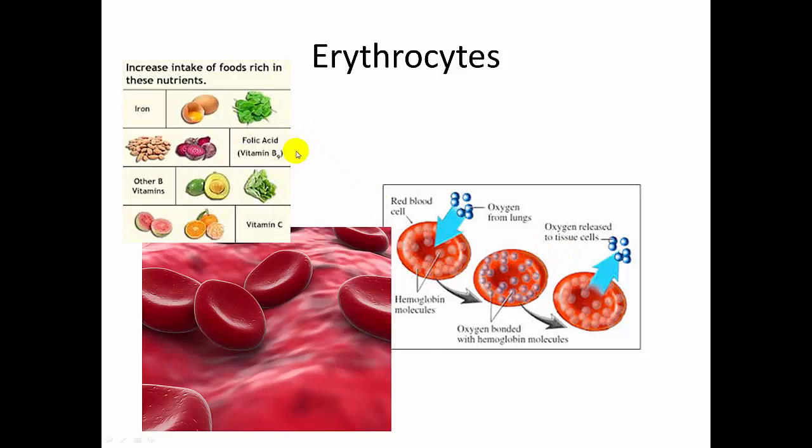And I put this little graph on here just to remind you, or revisit, the nutrients needed. So iron, here's our green leafies. Again, remember that's always the answer. Green leafies.